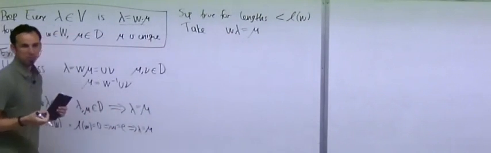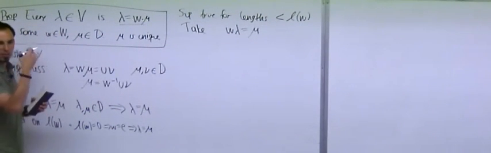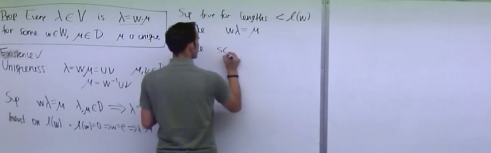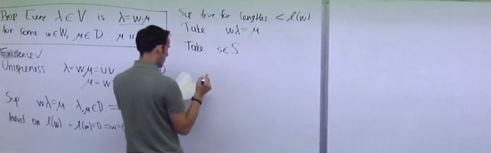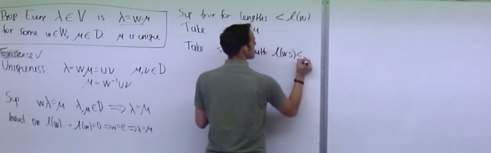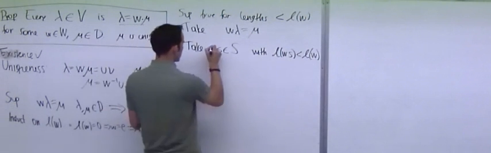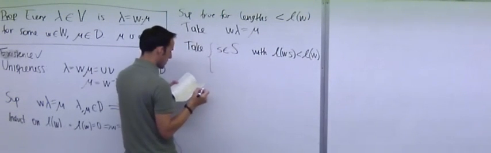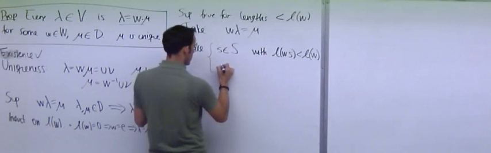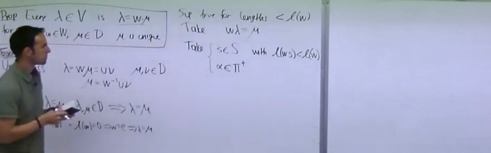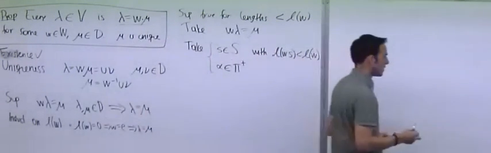And so the way we achieve that is by taking a reflection that makes w shorter. So let's take a generator S which makes w shorter. And of course, what that's going to mean is that there's a corresponding positive root. Actually, it's not just a positive root.